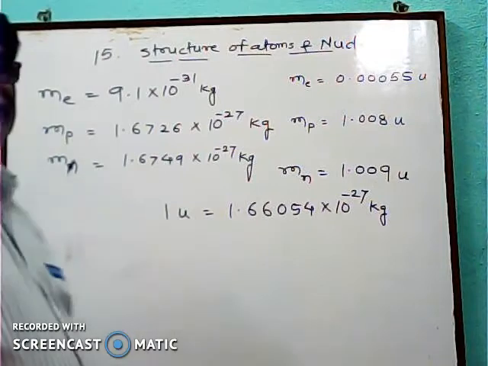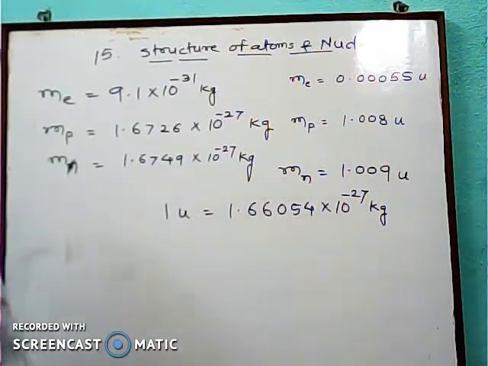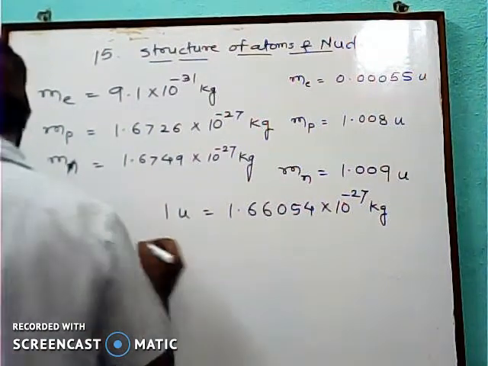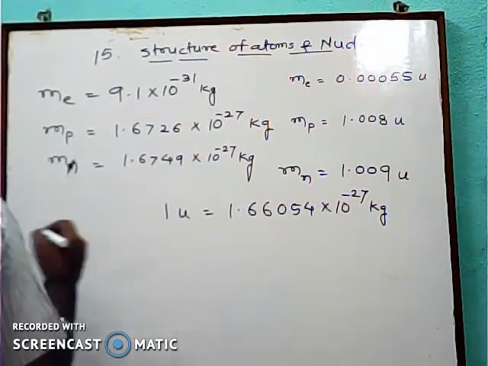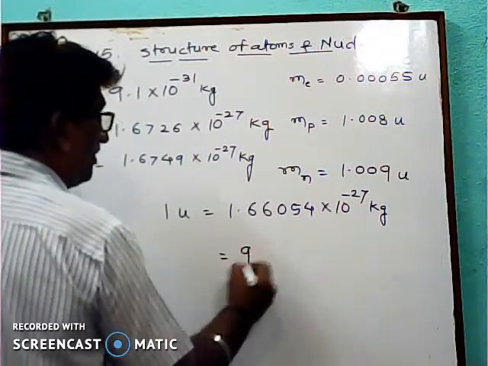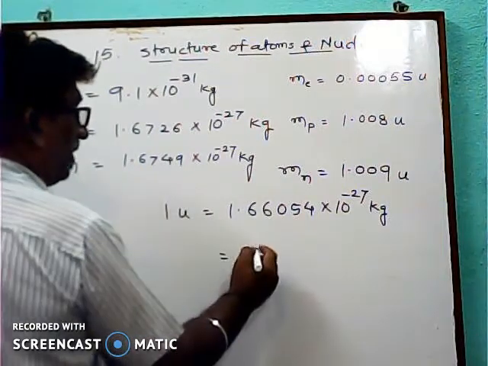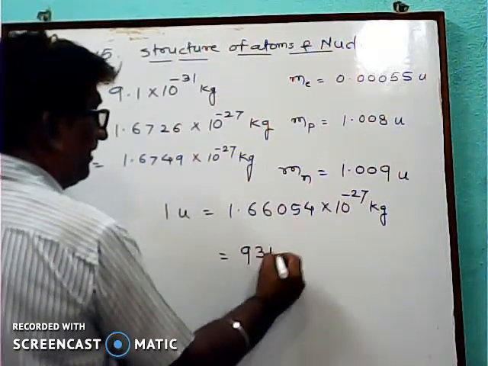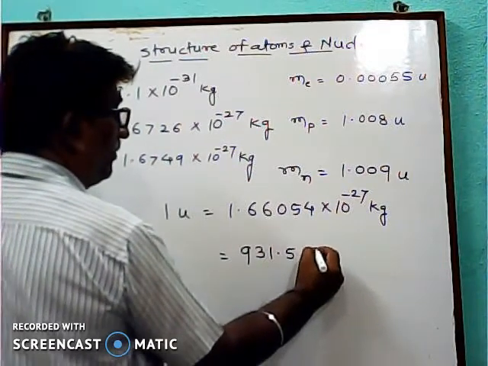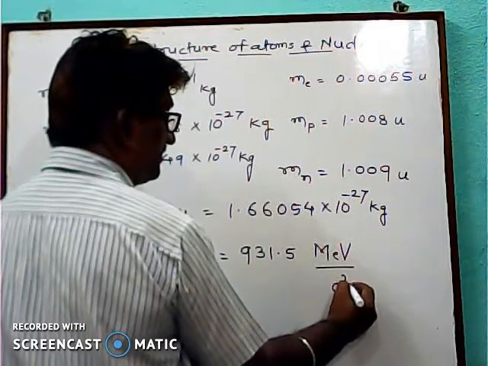If we see using Einstein's mass energy relation, the mass of 1 unit mass of carbon will be 931.5 mega electron volt per c square.